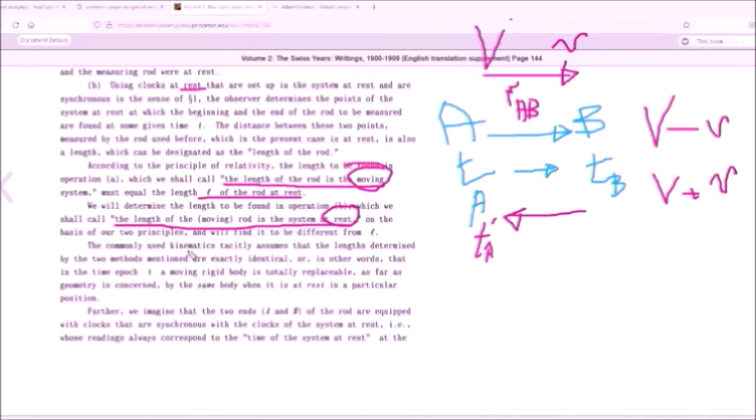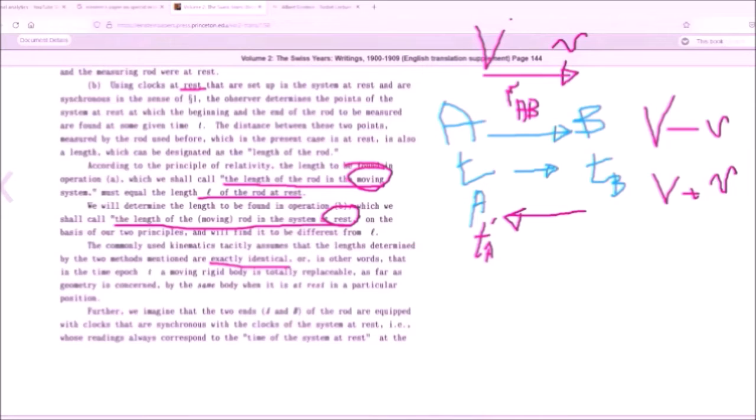The commonly used kinematics tacitly assume that the lengths determined by the two methods are exactly identical. You might say, well, what is this guy talking about? The distances are very small if you are dealing with the Earth and the light. The light has enormous speed, while you are measuring with very simple equipment, or the magnet and the conductor.